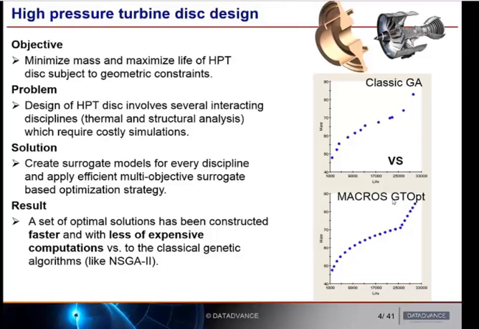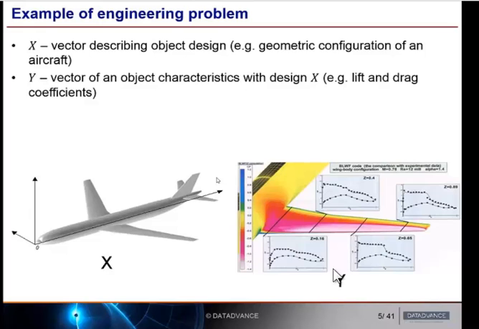For example, for this picture, it could be some geometric configuration of aircraft, and let Y be the vector of object characteristics of this design X. For example, for this aircraft, it could be lift and drag coefficients and some other characteristics.